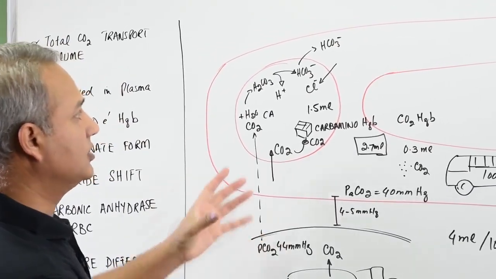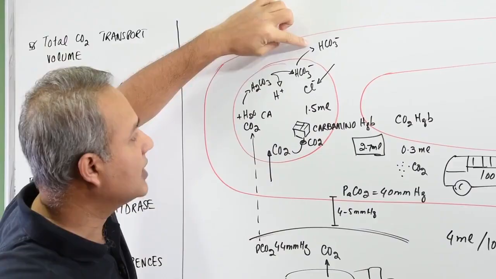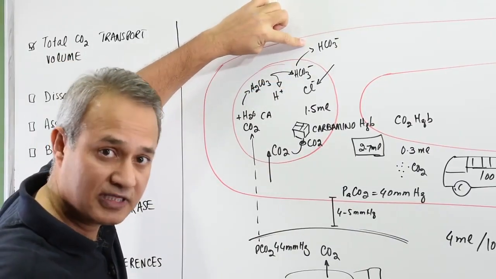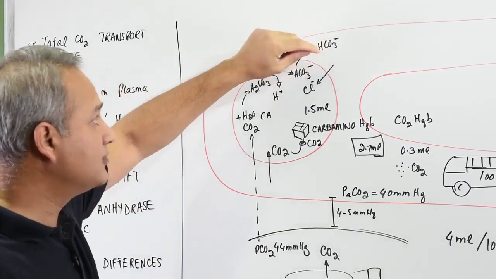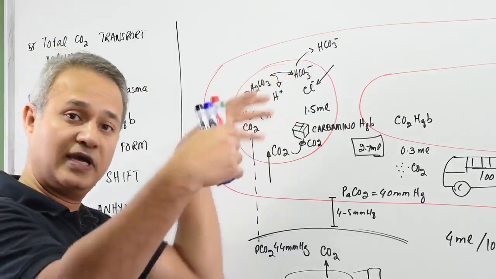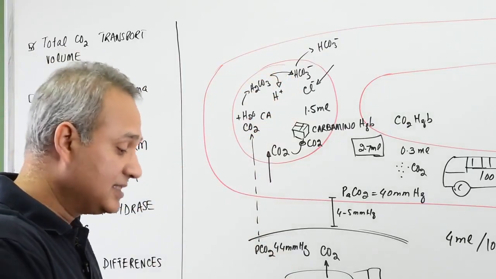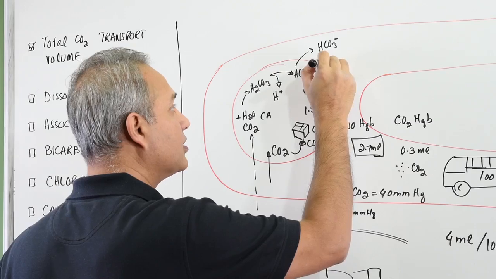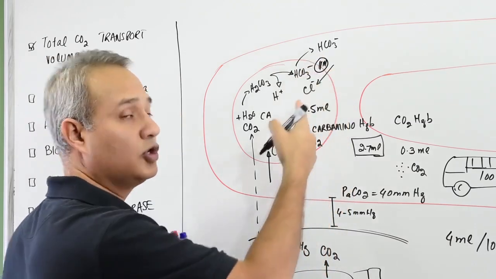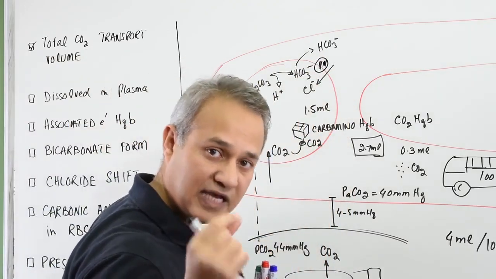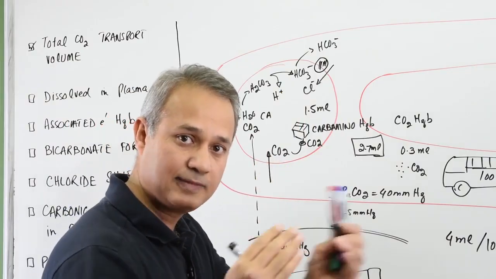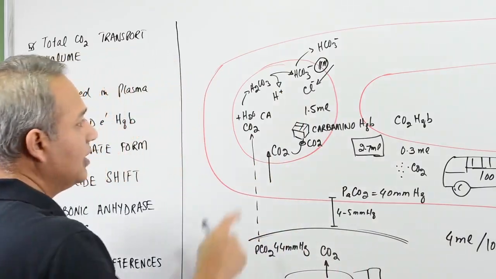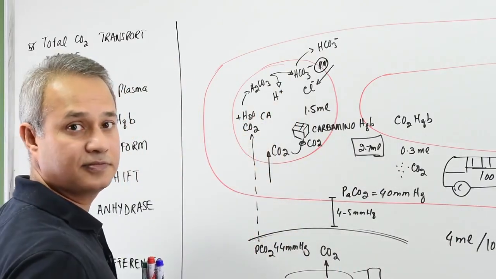In the tissues, bicarbonate moves out from the RBC into the plasma, and chloride moves from the plasma to inside of the RBC. How does that happen? There is a bicarb chloride channel protein that helps with this exchange. What happens to this hydrogen?